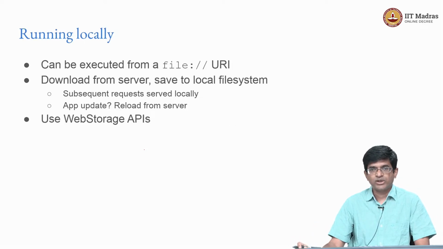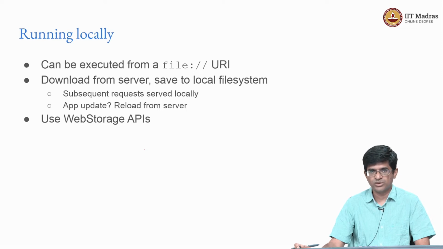The interesting thing is you can also take these kind of SPAs and in a lot of cases run them locally, right? You can save them as a file, which means that they will now be accessible under a file colon URI, right? And the first time around you download it from the server, you save it to the local file system, but subsequent requests are then served locally, okay? And the interesting thing here is you want to update the app, just reload from the server, right?